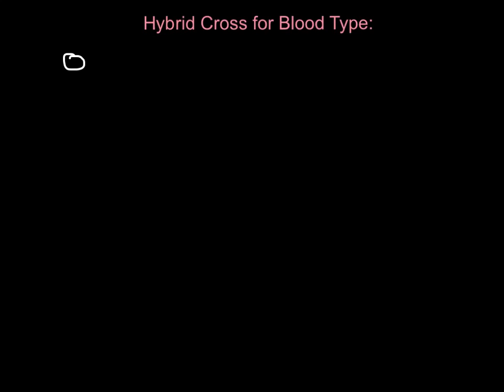So for the mother, let's say the mother has the blood type AB, so that would be represented as big I to the A, big I to the B, and the father has type O, so that would be represented as little i, little i. If you're watching this video, you most likely have some background knowledge in basic biology, so we're just doing a basic Punnett square here.